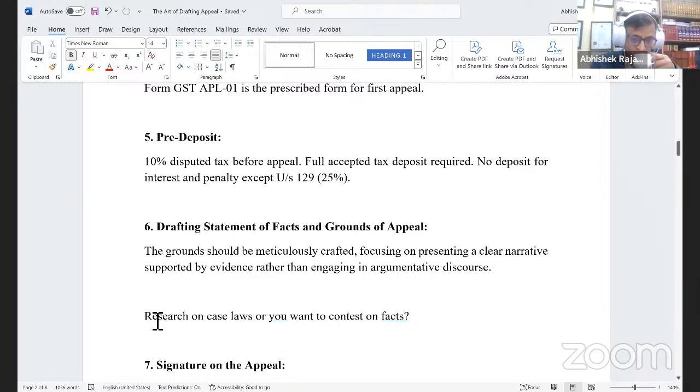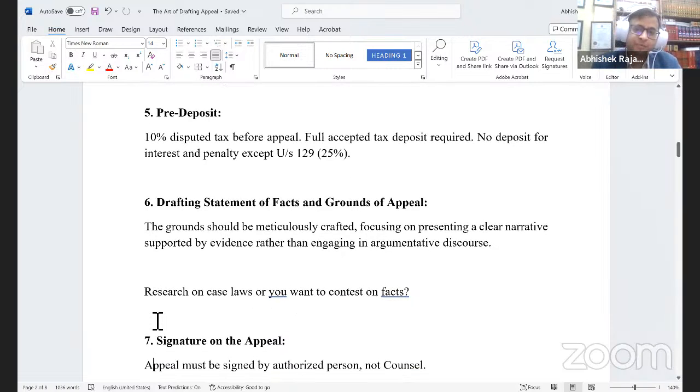Now we come to drafting of the appeal and presenting what we want. Let's come back to our PPT here.